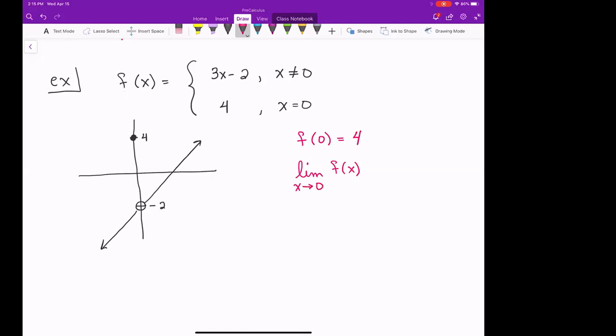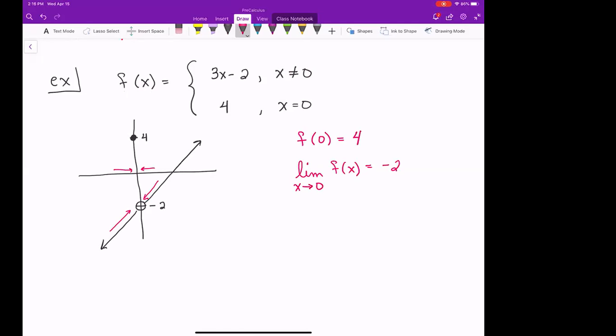I don't care what happens once we get to 0, I just want you to get close to 0. So again, you want x to get close to 0 from both the left side and the right side. You have to recognize that my y values are getting closer and closer to y values of -2.